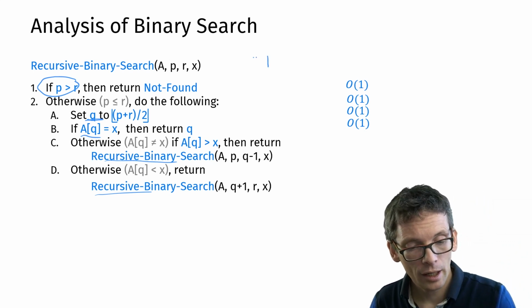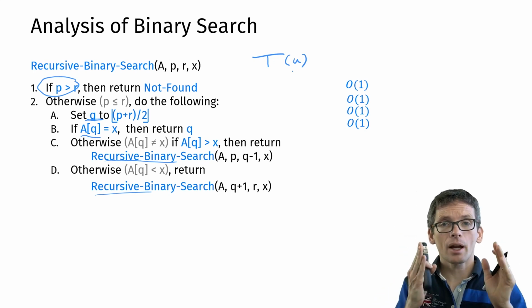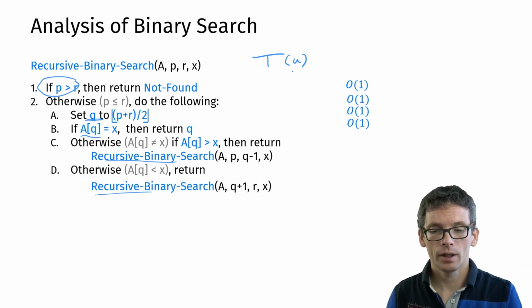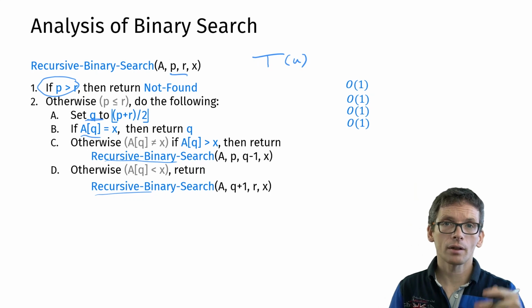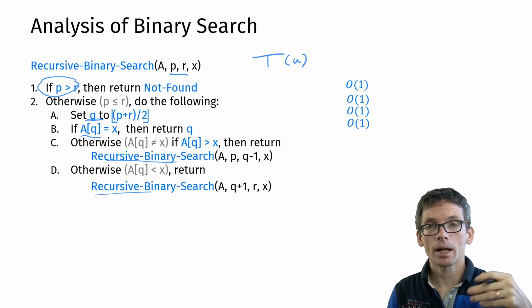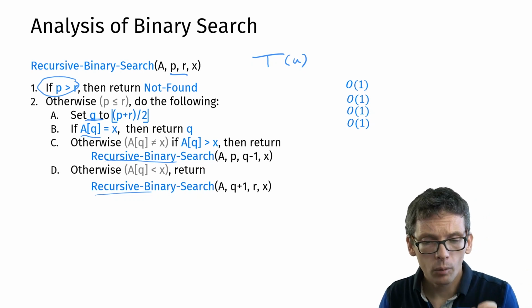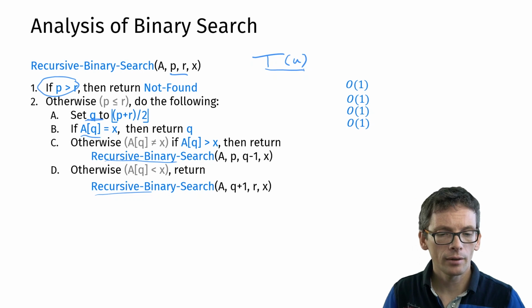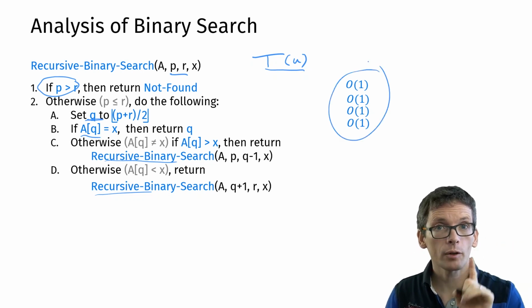So let's denote the running time of this algorithm on a sub-array of length n as T of n. The length is determined here by p and r, so the length would be r minus p plus 1. So the running time on a subarray of length n is all of this plus the time for the recursive call.